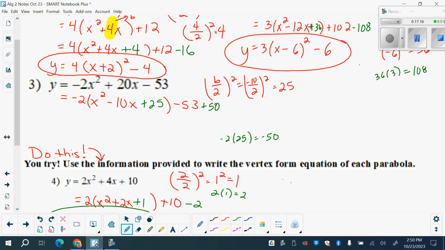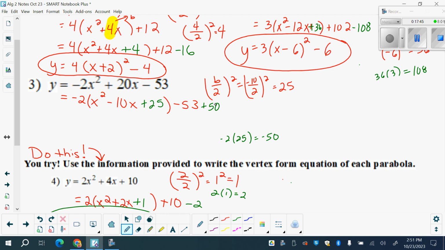Usually we are just taking this times this and then taking the negative, but this time it's already negative, so we're adding 50 to offset that. Questions on that? So -2 times 25 gives us -50. So all of this right here, this 25 really represents -50, so we offset it with a +50.